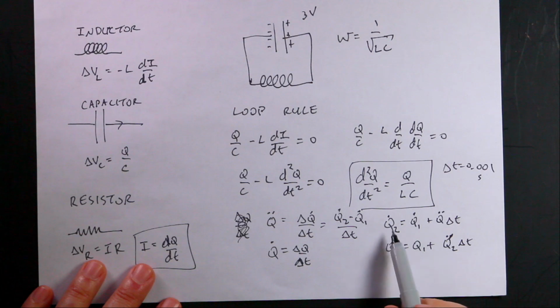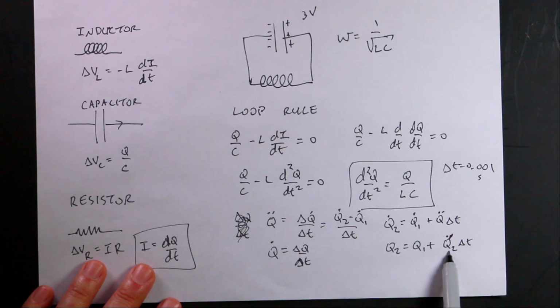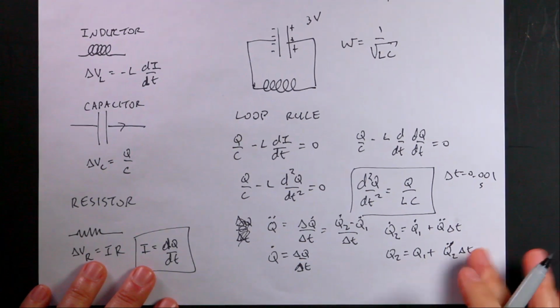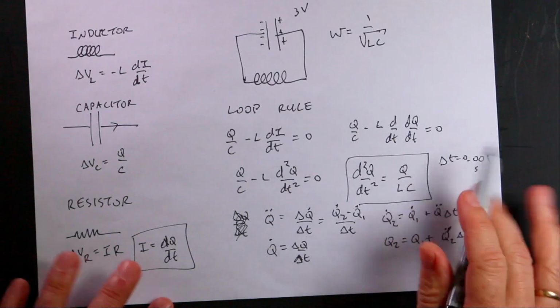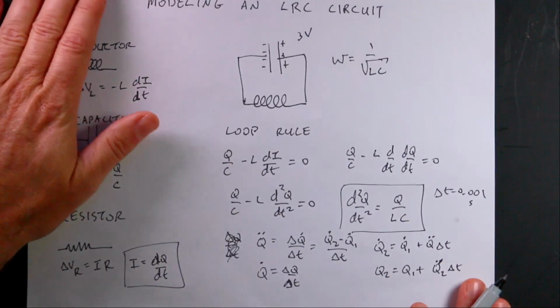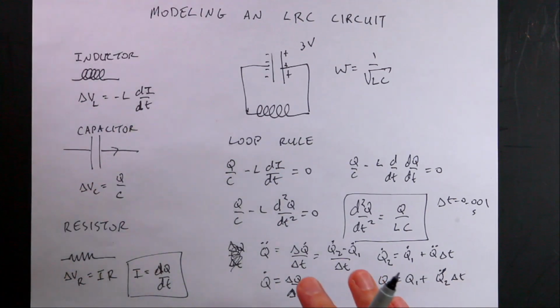I just calculated Q2 dot. I'm going to use that down here, assuming it's constant, even though it's not, to calculate Q2. And then I just go back up here. Now I have a new Q, and I can redo the whole thing. Okay, so this is the idea behind the Euler method of a numerical calculation.